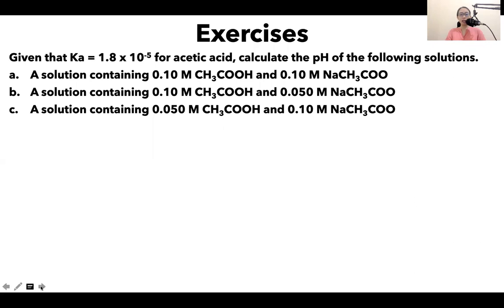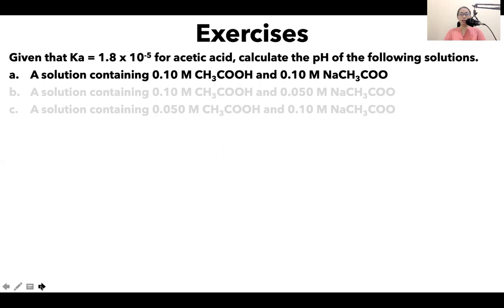Given that the Ka for acetic acid is 1.8 times 10 to the negative 5, let's calculate the pH for a solution containing 0.10 molar acetic acid and 0.10 molar sodium acetate.